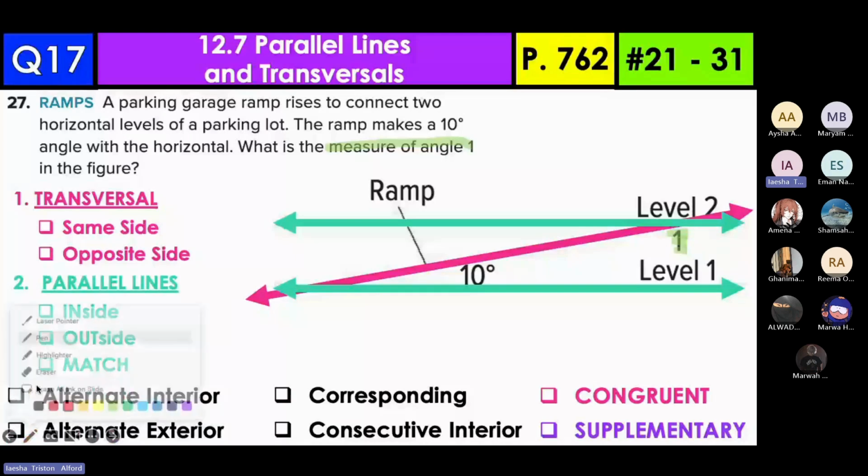Are they on the same side or opposite side? Same side. Are they inside, outside, or match on the parallel? Inside. So what should be the name? Same side and inside.